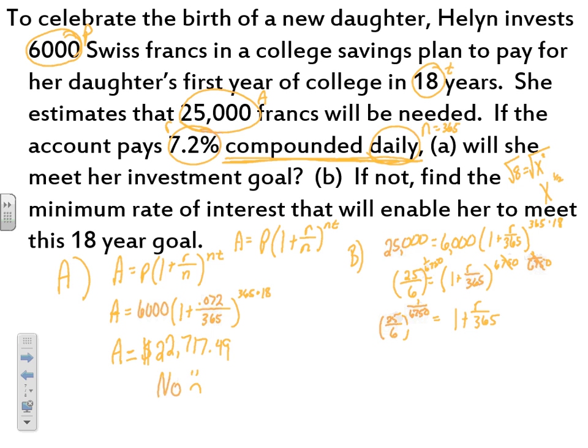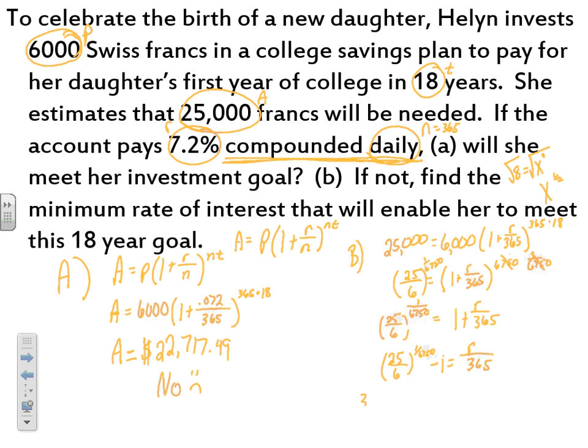And now it's a relatively simple process of moving the 1 over through subtraction. So let me write this again, 25 over 6 to the 1 over 6,750th power minus 1 equals r over 365. And now we would multiply both sides by the 365 to get r by itself.